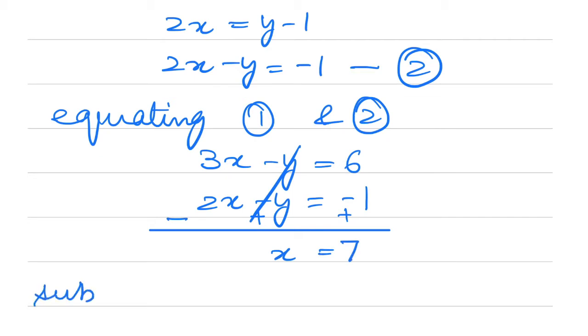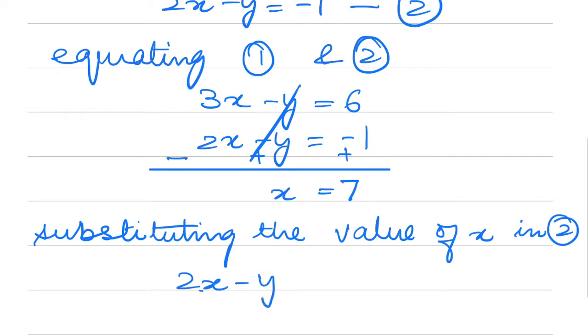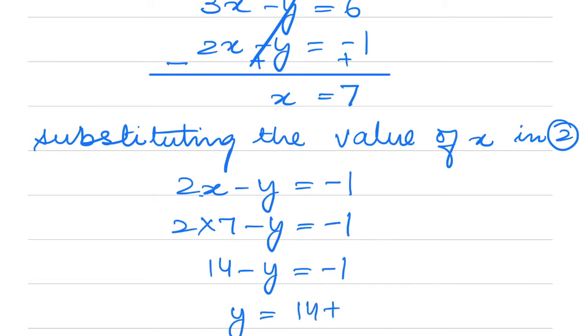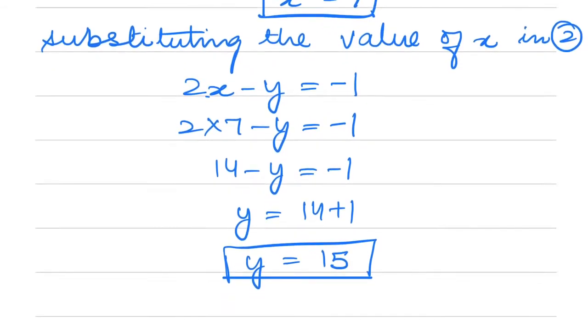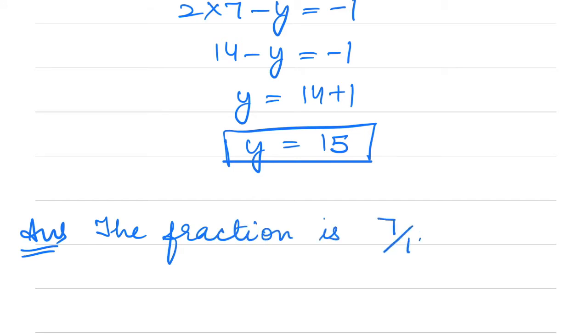Now substituting the value of x in the second equation, 2x minus y is equal to minus 1, 2 into 7 minus y is equal to minus 1. So 14 minus y is equal to minus 1, y is equal to 14 plus 1, so y is equal to 15. We got x as 7 and y as 15. So the answer: the fraction is 7 by 15.